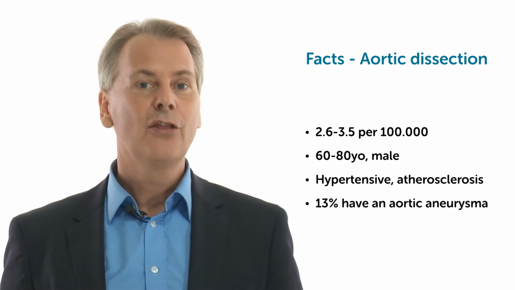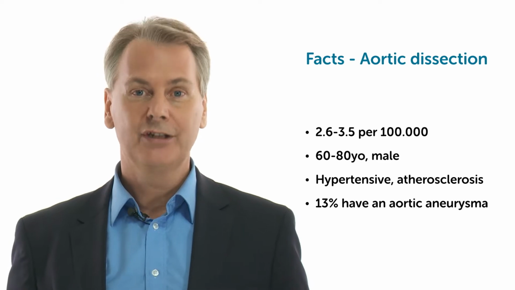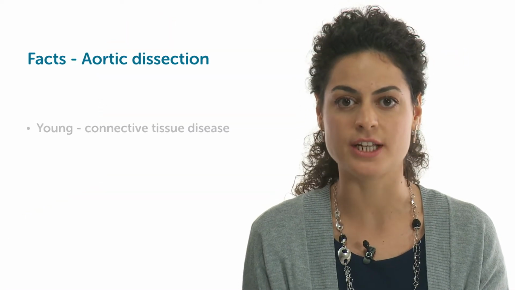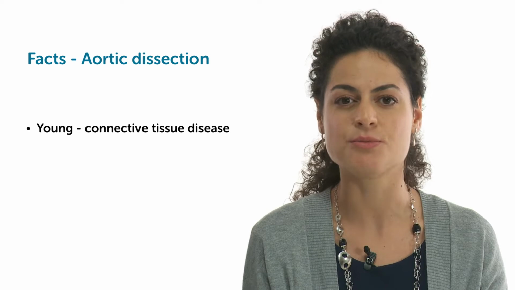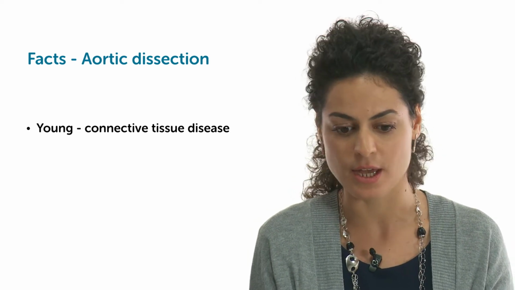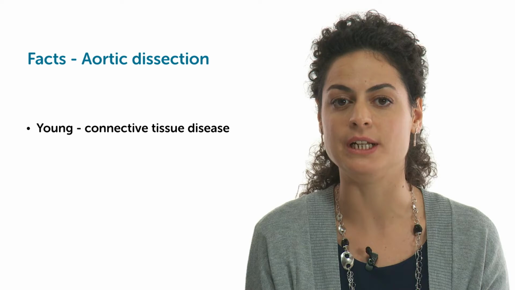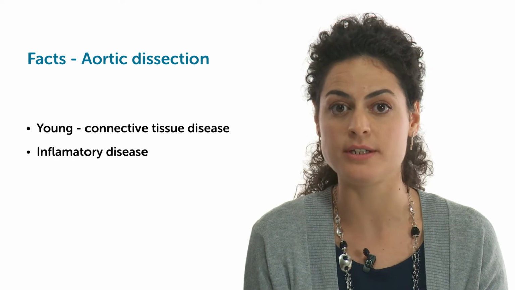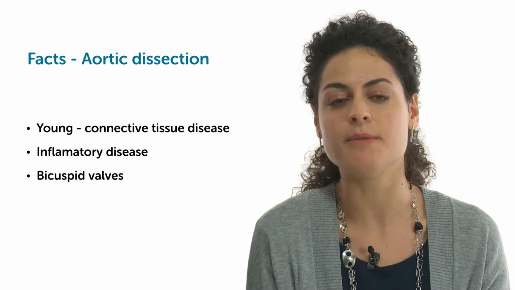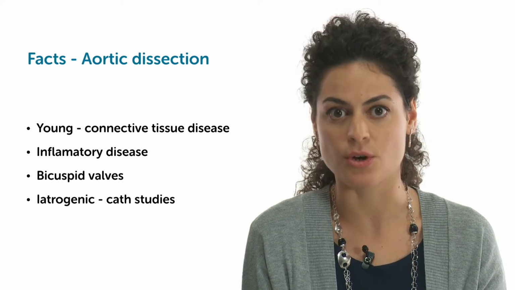And finally, 13% have aortic aneurysms. And moreover, if you have aortic dissection in a young person, this is more commonly related to connective tissue disease, but it could also be related to inflammatory disease, often to bicuspid valves, or it can also be iatrogenic, so during, for instance, a cath study.